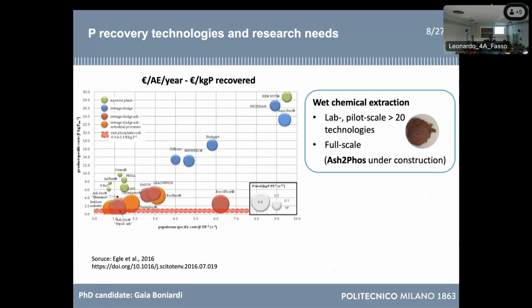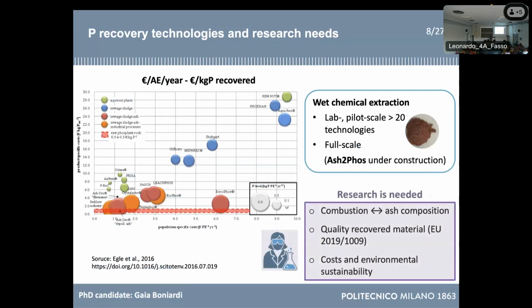As I said before, more than 20 technologies have been developed, both at lab and pilot scale. There is also the Ash2Phos technology, which has a plant under construction. It will probably be ready in 2 or 3 years, and this will be the first full-scale plant. However, research is still needed.